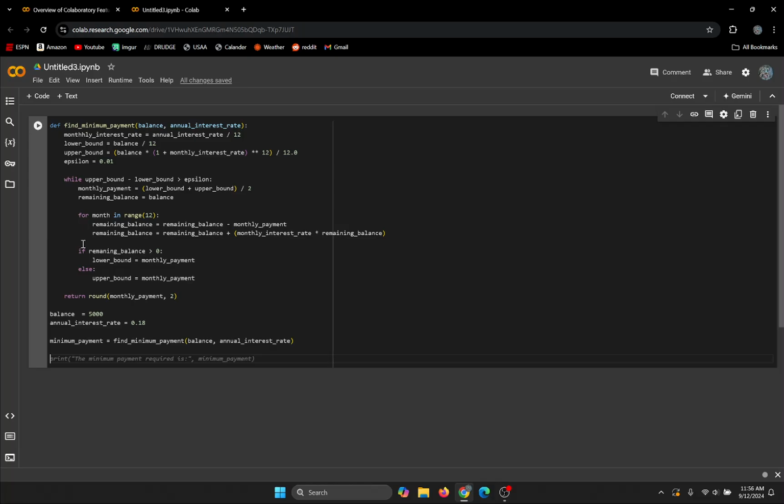So now that we've found the minimal payment, we can print it. Turn it into a string since it's an integer.